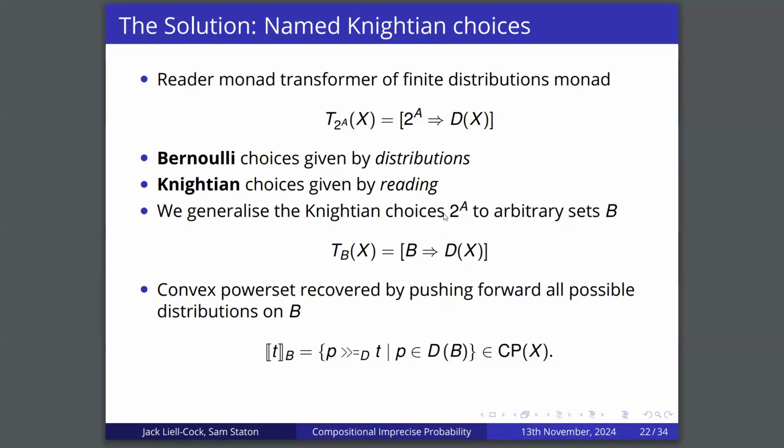So you can think of this as plugging in all possible values in B. We plug in each value of B, we get a distribution, we take the convex hull of that distribution, and that is indeed a convex set of distributions, and this is the equivalent convex power set that we'll get in the end. So we can recover the original convex power set that we use to interpret the imprecise probabilities.